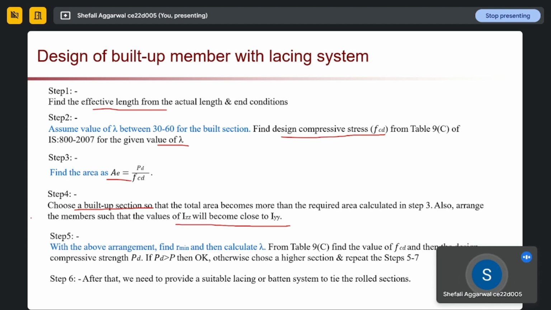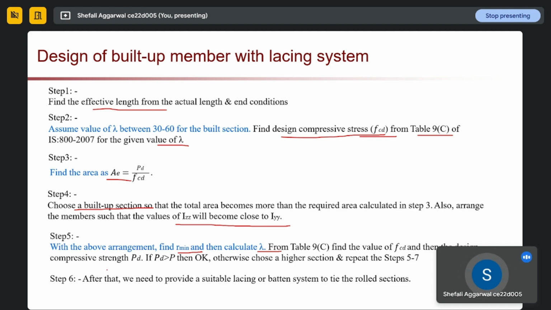Based on that, we will choose our member, and from this we can calculate our r minimum, and then we can calculate our slenderness ratio. From the calculated lambda, again we will go to this table 9C, and we can get the exact design compressive strength from it.